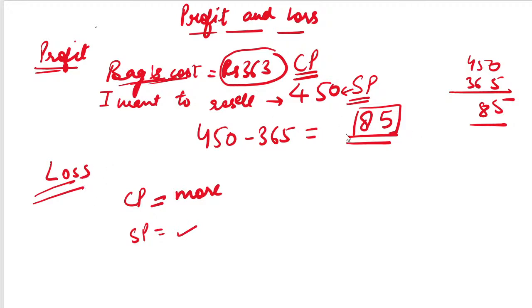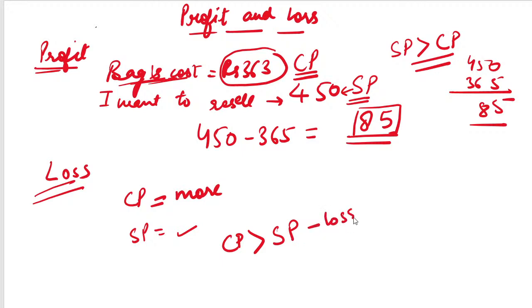Okay, so we can say that if SP is more and CP is less, then this is a profit. And if CP is more and SP is less, then the difference is loss. Okay, this is profit and this is loss. I think you understand the basic difference between the CP and the SP.